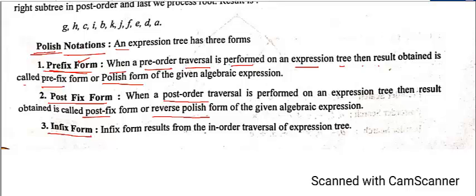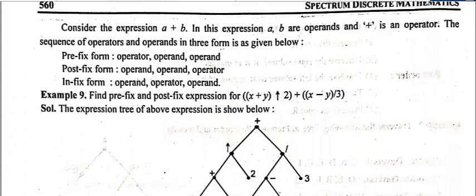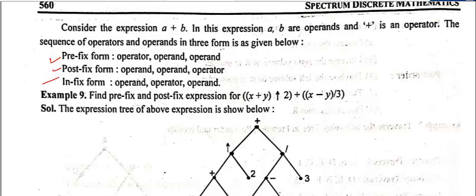And when you perform the in-order traversal, then it is the infix form. So it is better to discuss with an example. So see, this is the example. You need not worry about this, this is a very simple thing. One thing you must be clear: prefix means traversal by pre-order. Postfix means post-order. Infix means in-order. So these things you will understand.